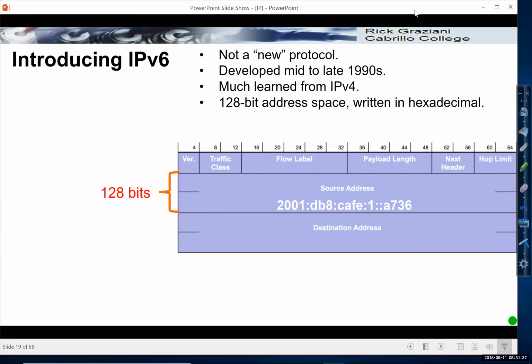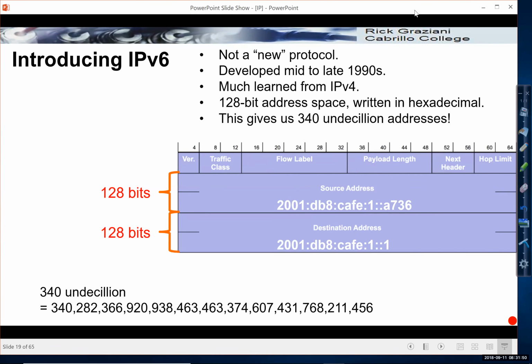They also modified a lot of the other protocols to make it a lot more efficient. So I mentioned it's 128-bit addresses that we write in hexadecimal. 128 bits gives us 340 undecillion addresses. That's a lot of addresses. Okay. Instead of the 4.29 billion that IPv4 gives us.